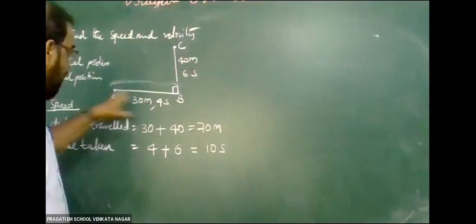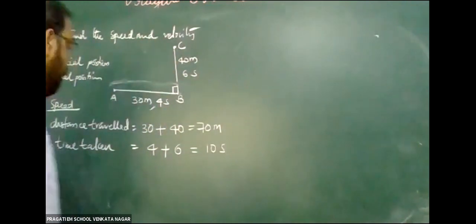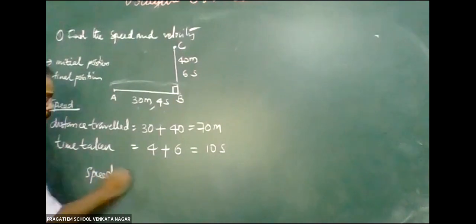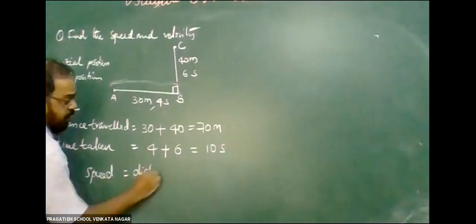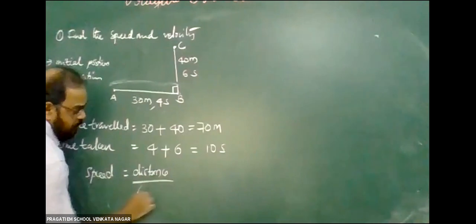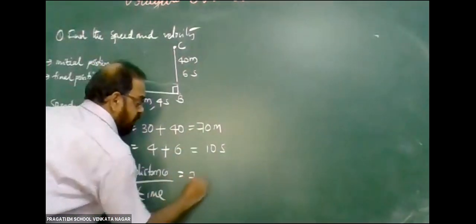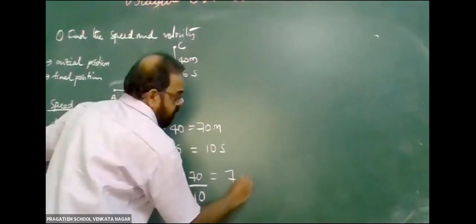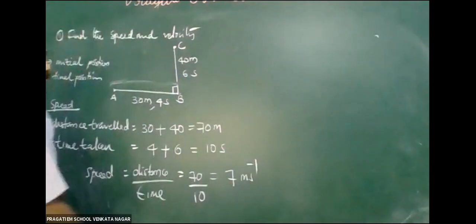So for distance traveled, wherever you go, you have to add the full path. Speed is equal to total distance by time, is equal to total distance 70 by 10, 7 meters per second.